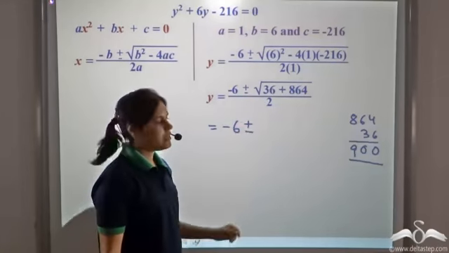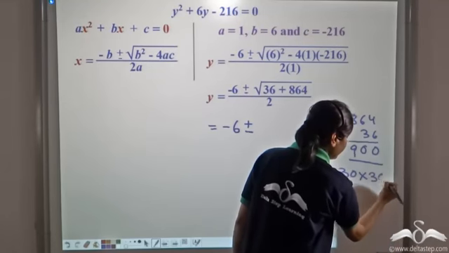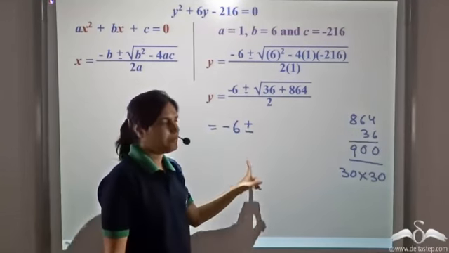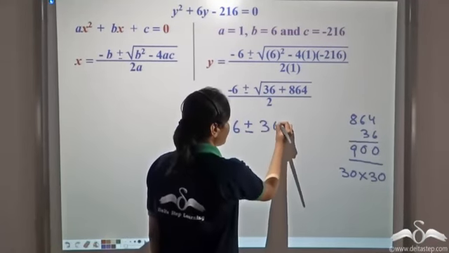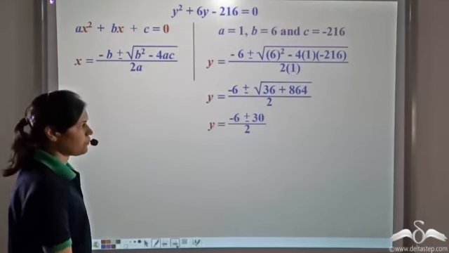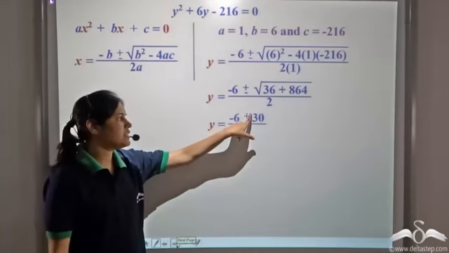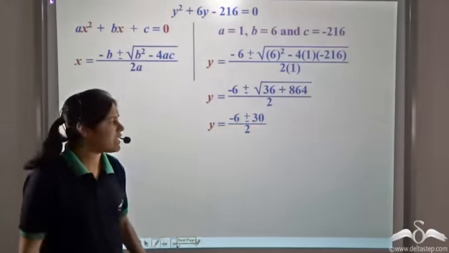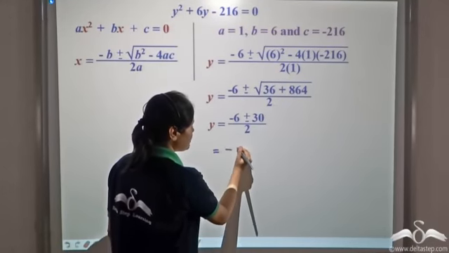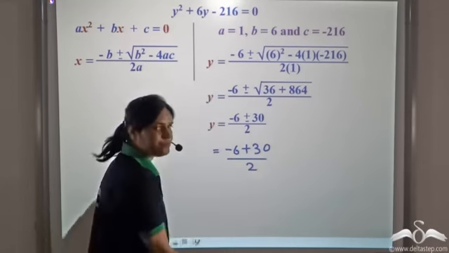Now 900 is 30 into 30. So root over 900 will be equal to 30. So this is negative 6 plus minus 30 by 2. Now we consider the plus as well as the negative sign. So one solution is negative 6 plus 30 by 2.